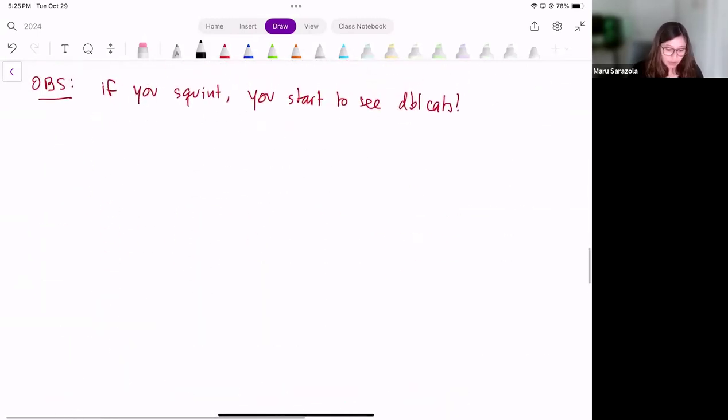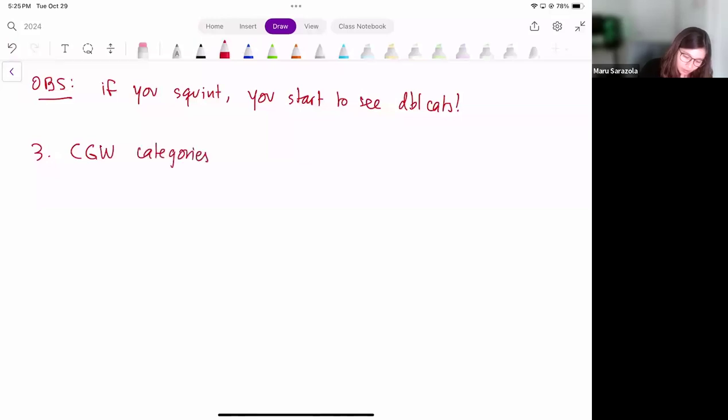So now I will tell you about the first of the two frameworks that I want to talk about today for K-theory, involving double categories, and that's called CGW categories. These are due to Campbell and Zakharevich.